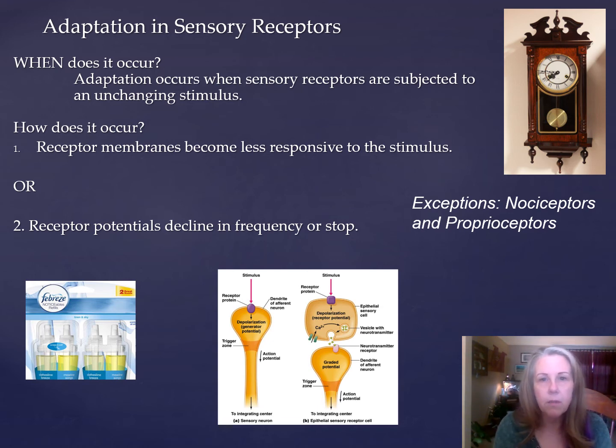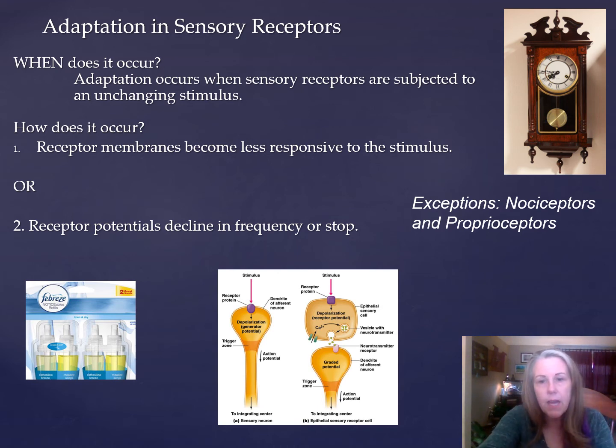So back up and look at the big picture again. You have stimulus still acting on the separate cell. It's not creating a receptor potential in the separate cell. Therefore, no neurotransmitter, and therefore it's not going to activate the sensory neuron, which in turn creates that nerve impulse and sends it to the brain.